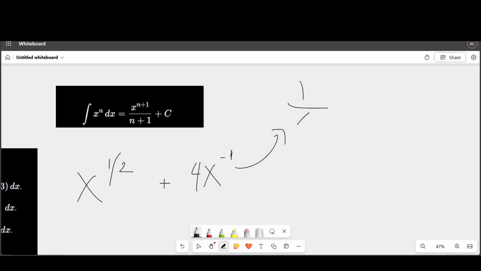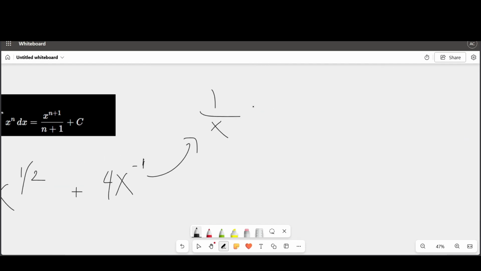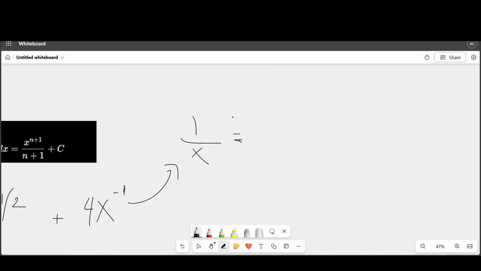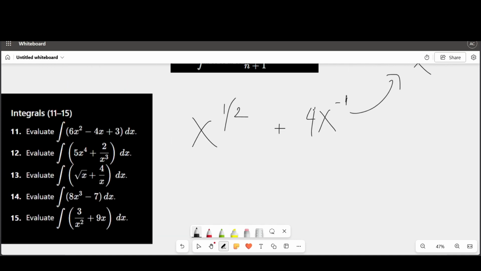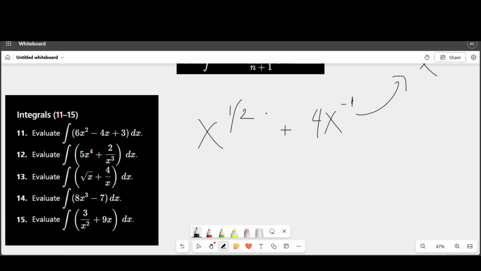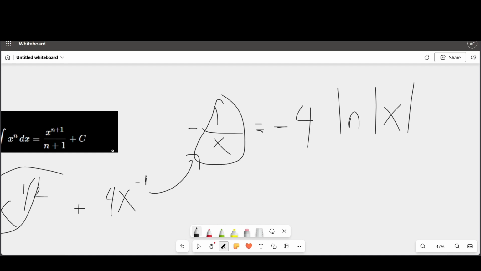Okay, it's going to become 4 ln x, but otherwise it's going to be a negative here. So let's use the power rule on this. You can't use the power rule on this because it's one of these. So let's use the power rule on this.